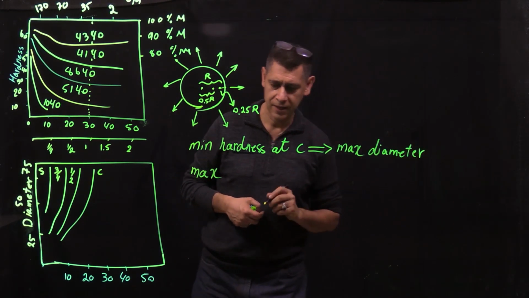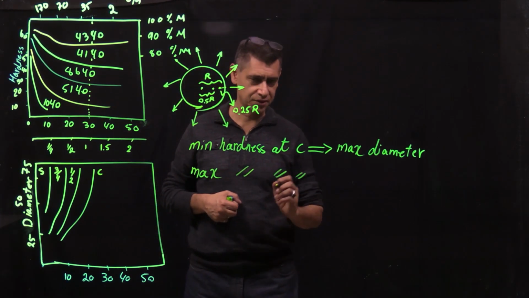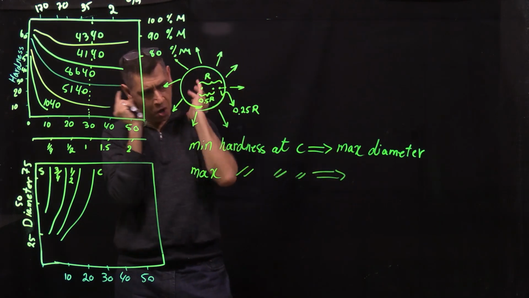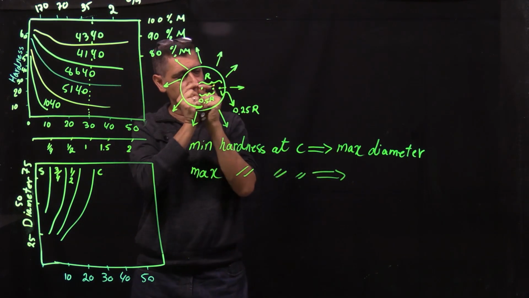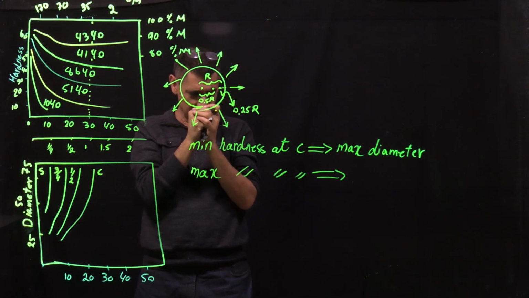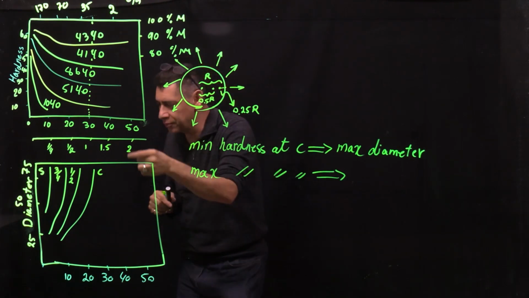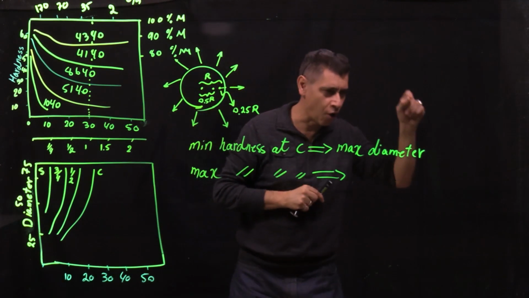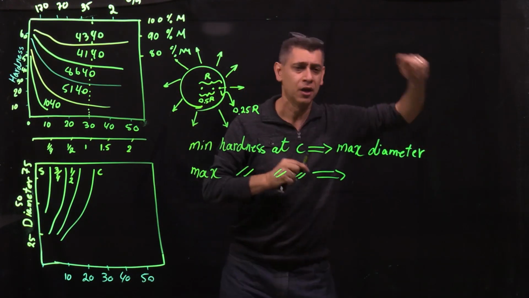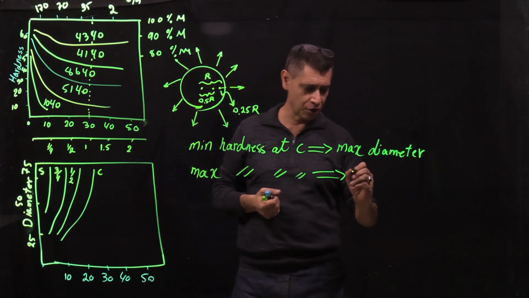Okay, so for the maximum hardness at the center, it means I want to have not more than this. If it's more than that, it's not going to be good. That gives me the minimum diameter. If I make the diameter smaller than the minimum diameter, the cooling rate will be faster at the center, which gives me more hardness than the maximum, which is not acceptable.